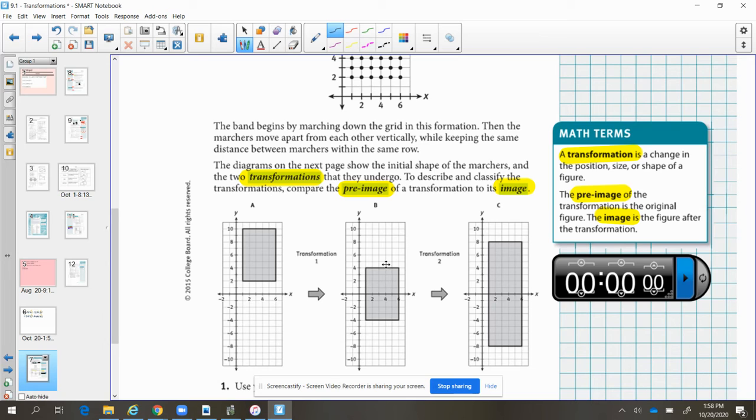And notice they're moving vertically down to move from picture A to picture B. Well, what this is showing us is the transformation. The original picture is what we are going to call our pre-image, and then the movement results in a new image. So that's our post-transformation. Very important vocab words that we are going to use a lot over this unit.